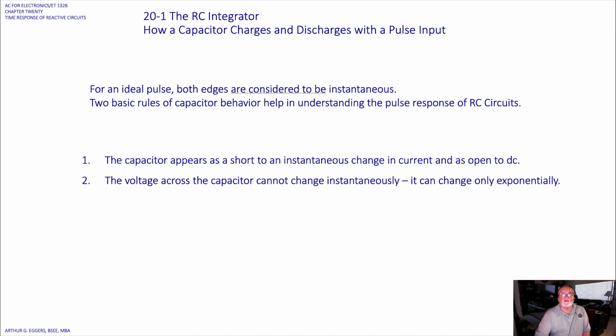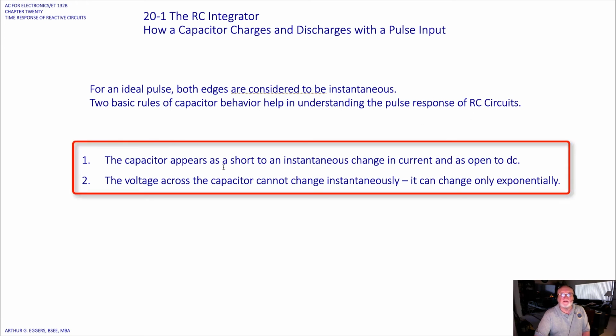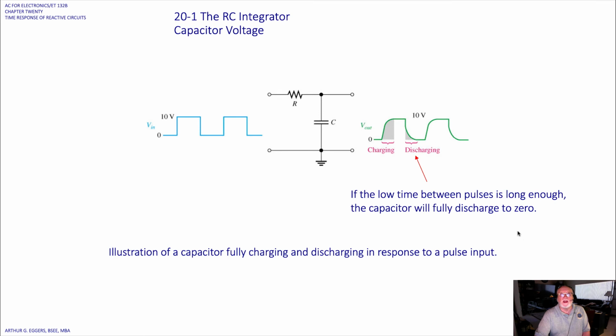Two basic rules of capacitor behavior help to understand the pulse response of RC circuits. The capacitor appears as a short to an instantaneous change in current, and as an open to DC. The voltage across the capacitor cannot change instantaneously, but it can only change exponentially. So that's what we've already seen. And again, depending on how long this input pulse is will determine how long it will charge and discharge.